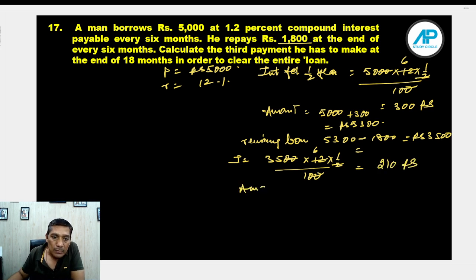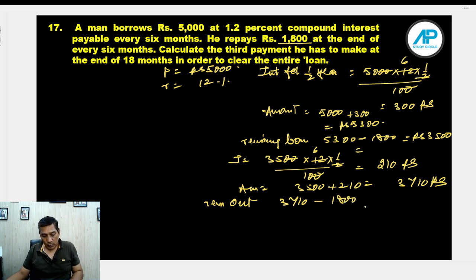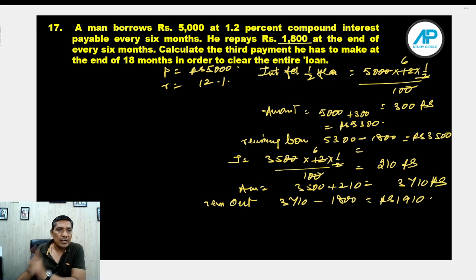Amount equals 3500 plus 210, that gives you 3710 rupees. The repayment, so remaining outstanding is 3710 minus 1800. That gives me rupees 1910. One year has passed by.